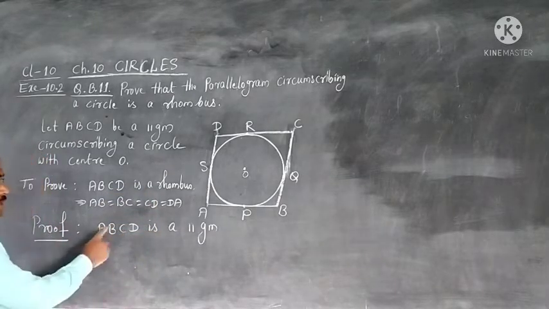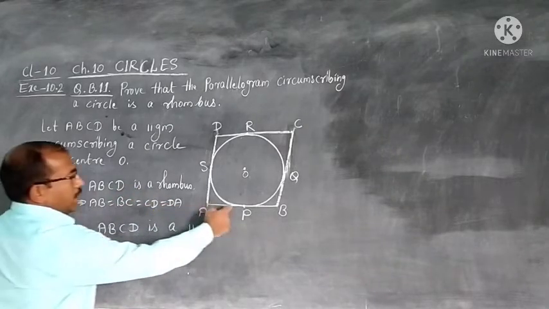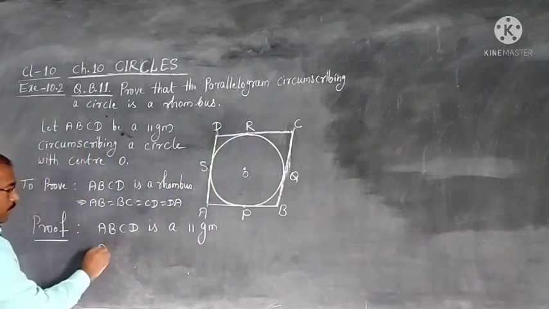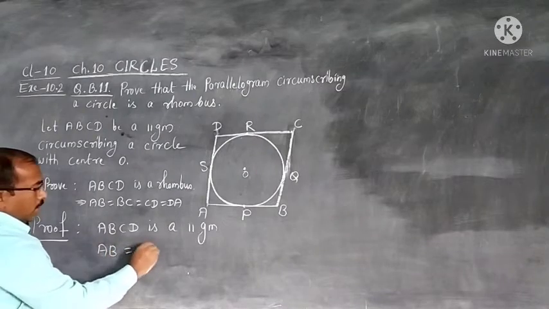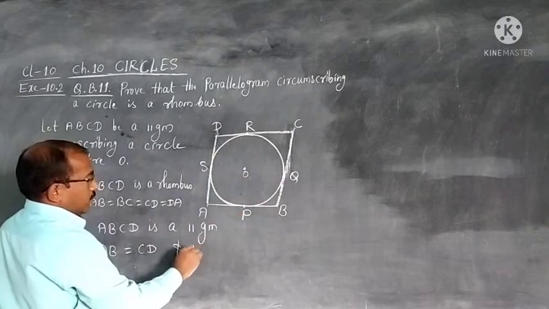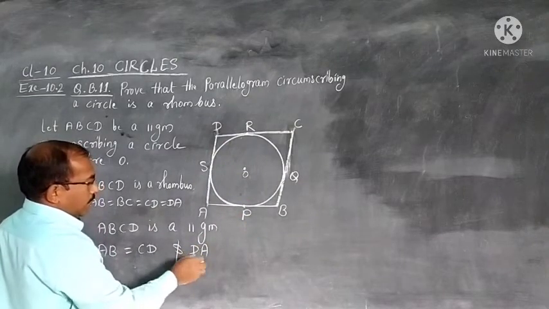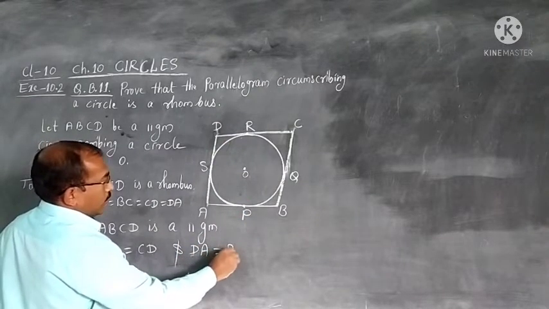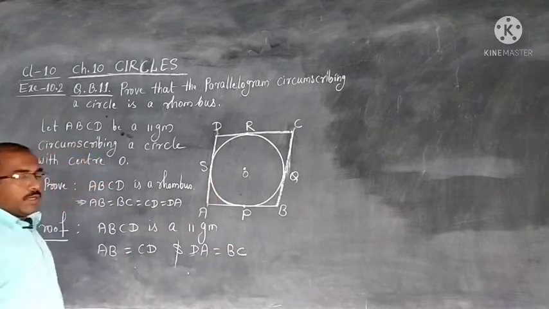In a parallelogram, only opposite sides are equal and parallel. Okay, so this is a parallelogram. So opposite side AB is equal to CD, and DA or AD is equal to BC, CB, whatever we write.